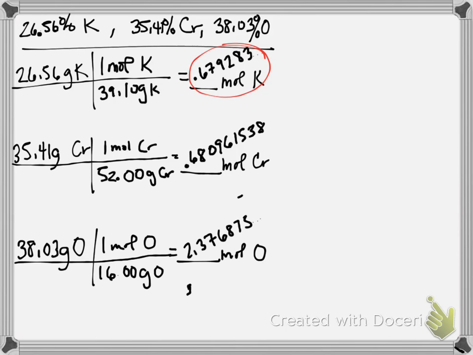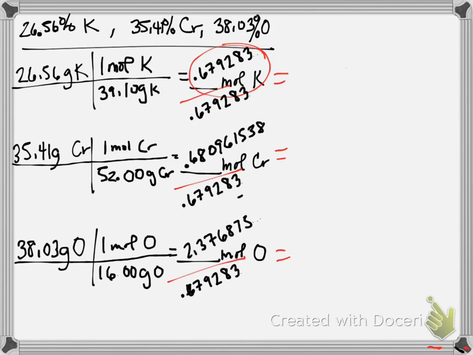So now I'm going to take the number of moles of potassium and divide everything else by that number of moles. I'm going to get a ratio of moles of chromium for every 1 mole of potassium and a ratio of oxygen for every 1 mole of potassium.